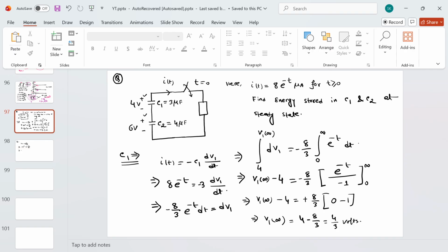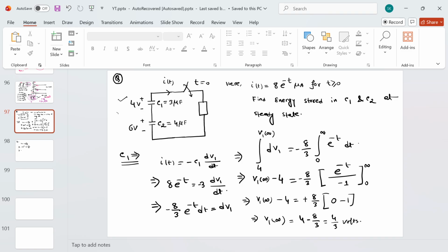And basically, see this particular circuit, for both the capacitors, they are delivering the energy, because the currents that are coming out from the capacitors, you can see that they are leaving the positive terminal. So what will happen?